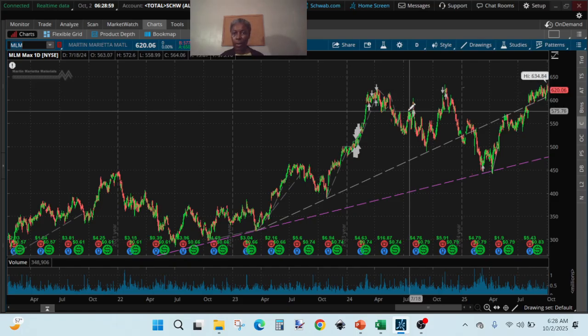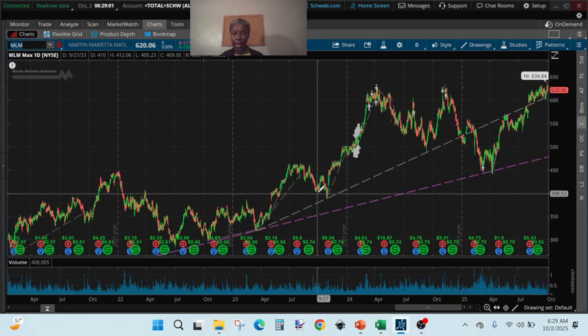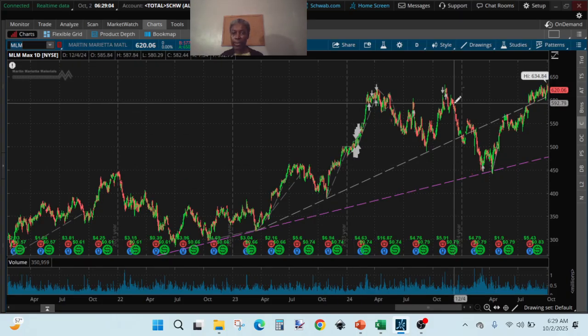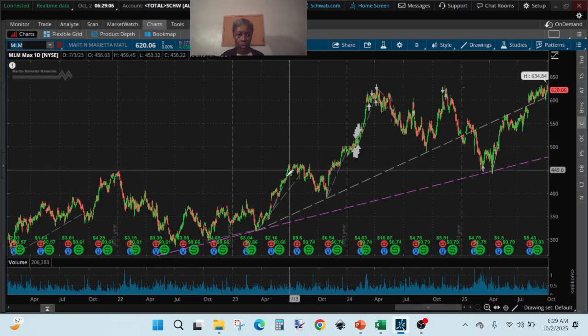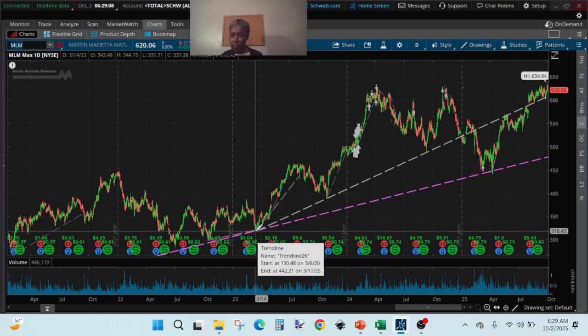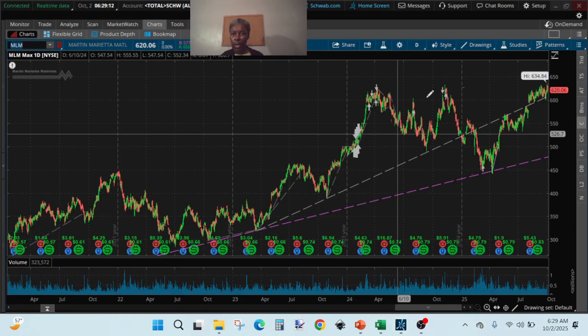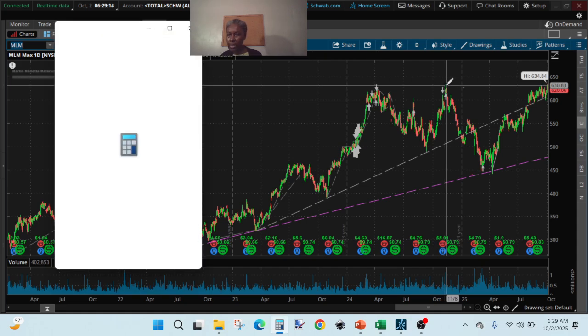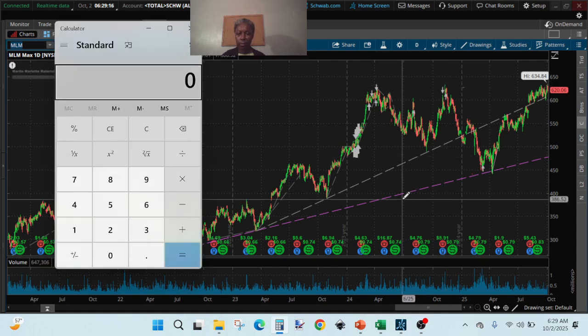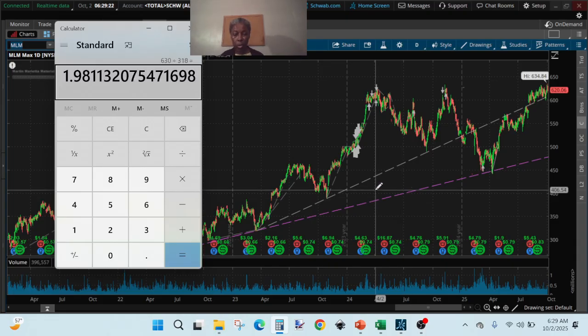But we know that it's going to be pulling back and going up. The second strategy is to compare the price from here, which is like 318, to somewhere here, which is 630. So 630 divided by 318 is like 1.9, to be conservative.